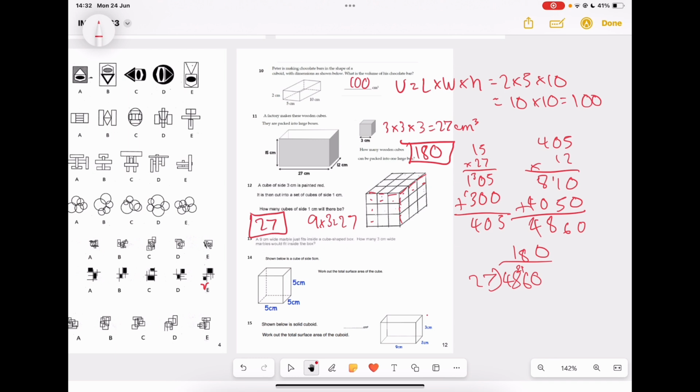Well, so we know that the box is going to fit 9 centimeters cubed. So say if we draw out the box, a 9 centimeter wide marble is going to take up an area of, well, we know it's 9.